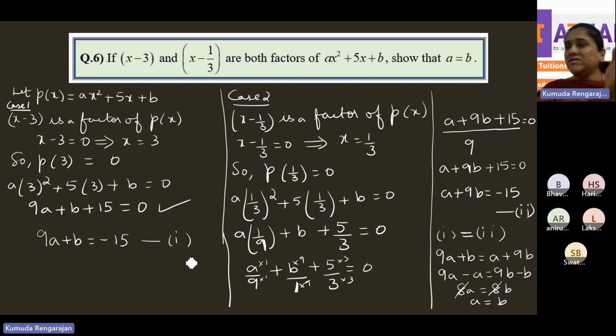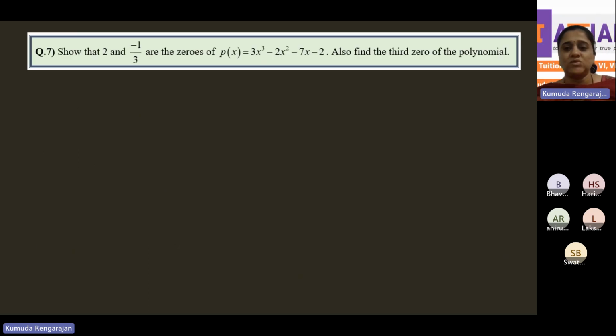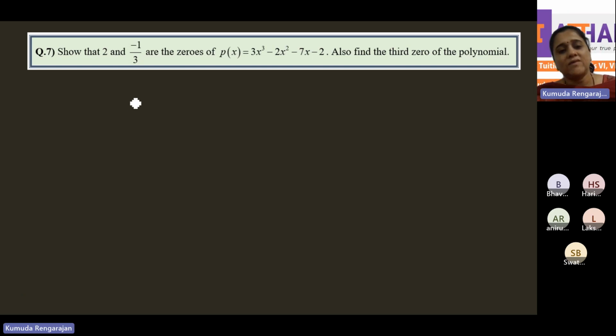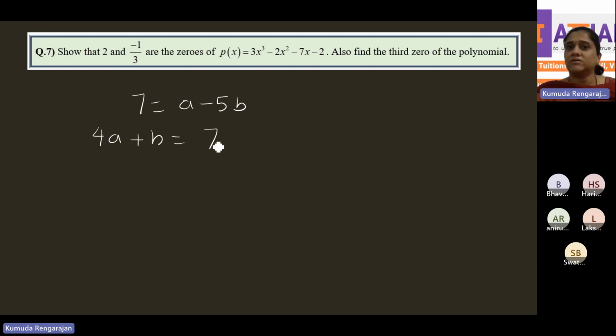Let me just do it here. Now, supposing I have 7 is equal to a minus 5b, and I have 4a plus b is equal to 7. This is one equation. This is another equation.